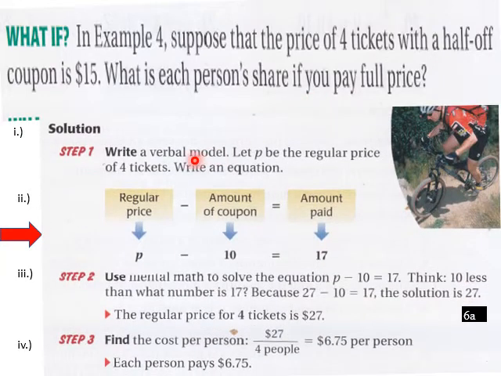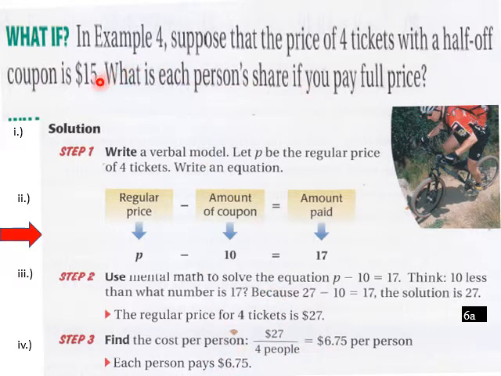Well, in example 4, this was the regular price minus $10 equals 17. So we just subtracted 10. This came out to 27 minus 10 equals 17. So that was $6.75.